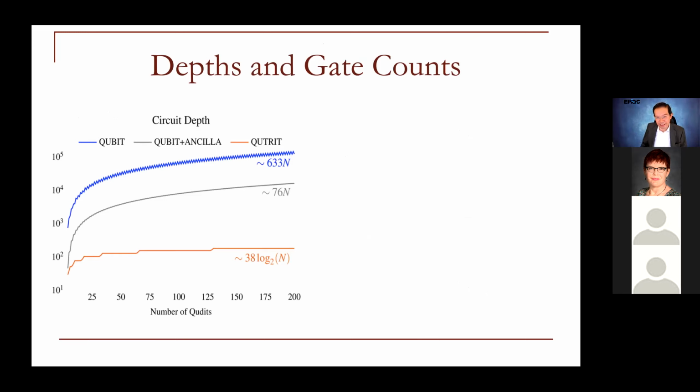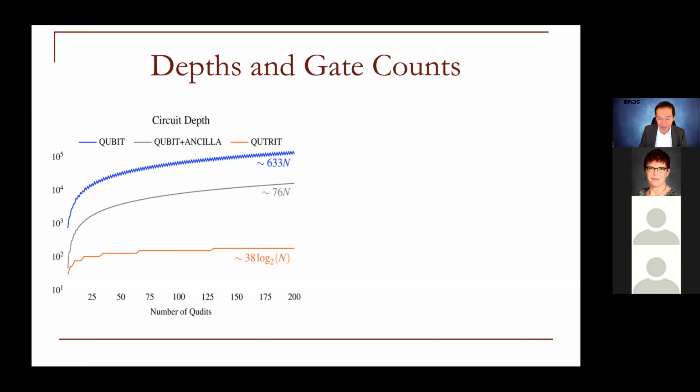Okay, so the advantage here is if you compare our approach to the base case, which is qubits with no ancilla, or qubits with 1 ancilla, which makes it a little more efficient. You can use, basically with the same number of devices as the blue line, the orange line gives you an asymptotic depth advantage, right? So depending upon the number of controls on the x-axis, you can get a log advantage in the depth of your circuit.